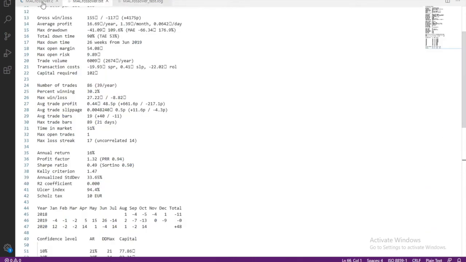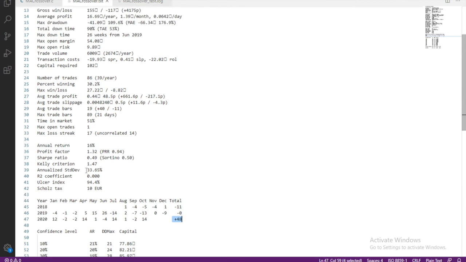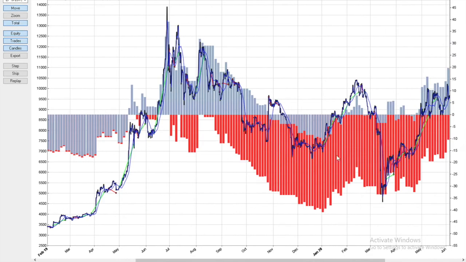We've only got data for the past 3 years. So 2018, lost money, made some money this year. The standard deviation is not particularly high, but then again, we've only got data for the past 3 years. And as you can see, you've got a pretty long period of drawdown here.